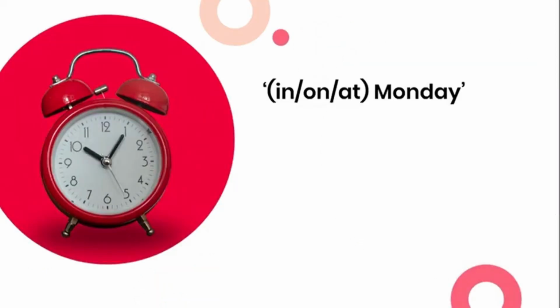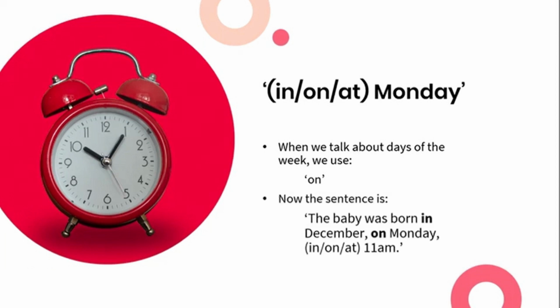Let's look at Monday now. When we talk about days of the week, what do we use? On. So now the sentence is, the baby was born in December on Monday, and we still need to figure out the last one.